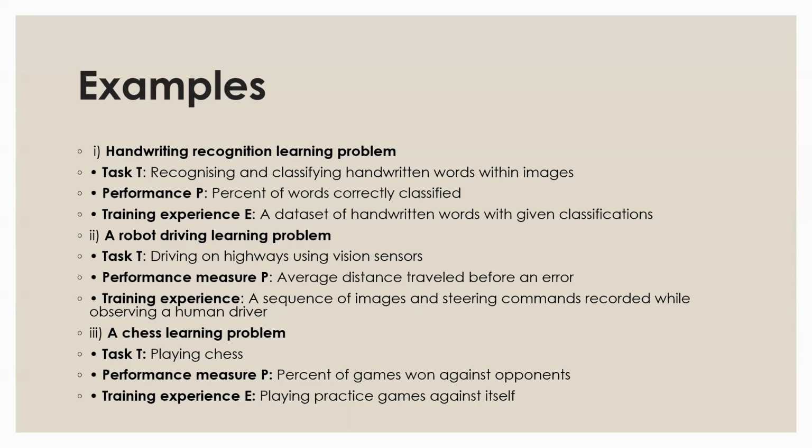For example, if you go 3 points ahead, then you will kill this pawn, and such kinds of things can be taught to the system through the chess learning problem. Then the percent of games won against opponents or against itself can be a performance measure.